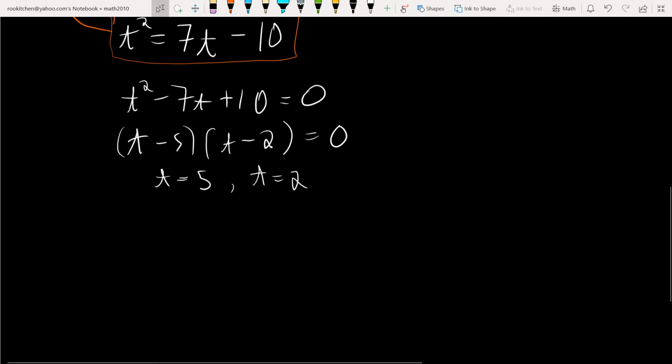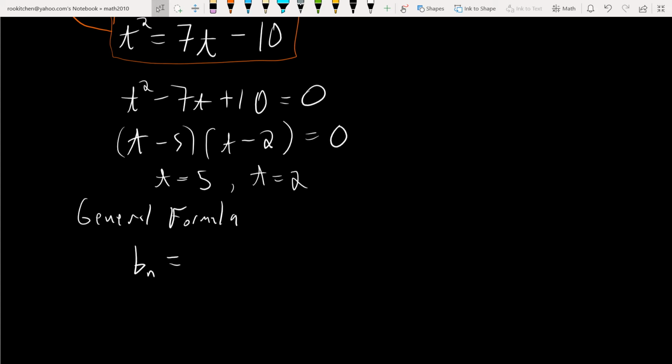Okay, so our general formula for the explicit formula is going to be something like, call it b sub n equals c times the roots, right? So we want 5 to the n plus d times 2 to the n. Okay, so the 2 just plops in there, the 5 just plops in there, and that's it.